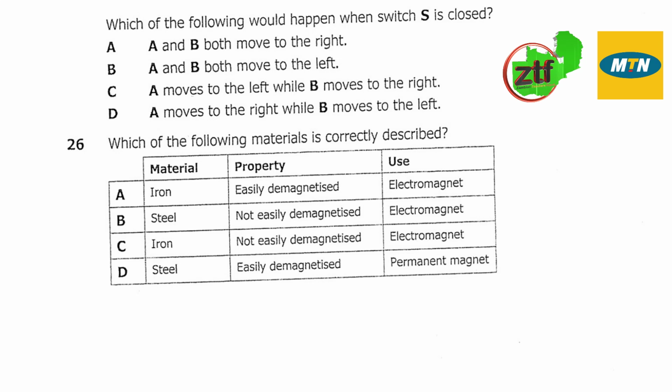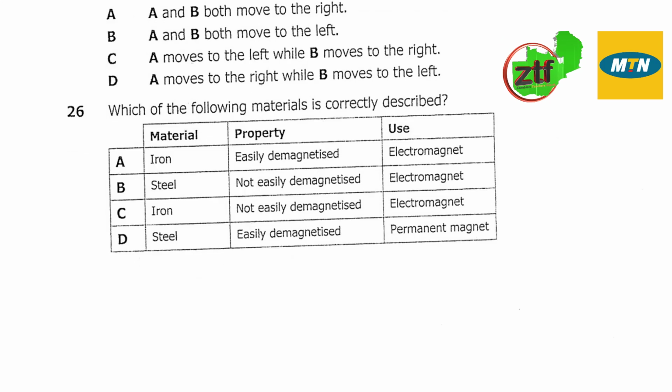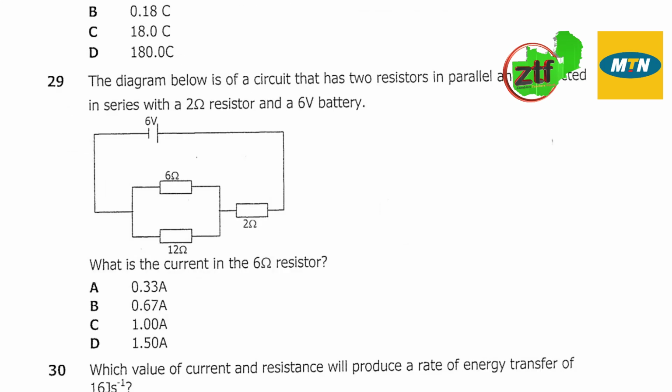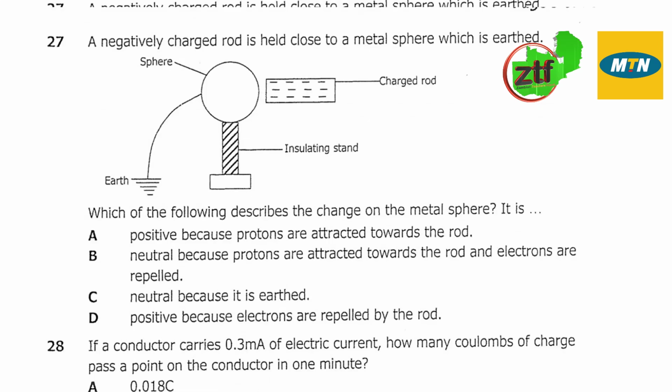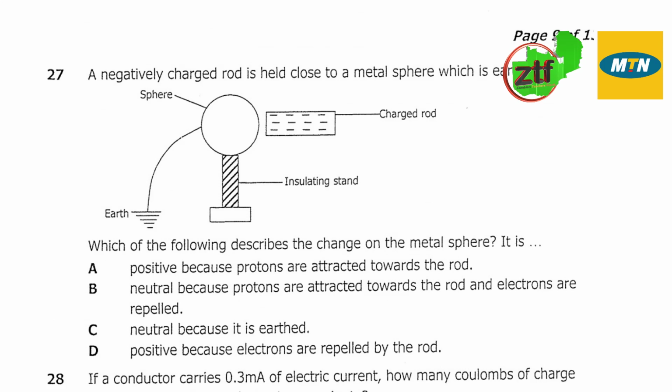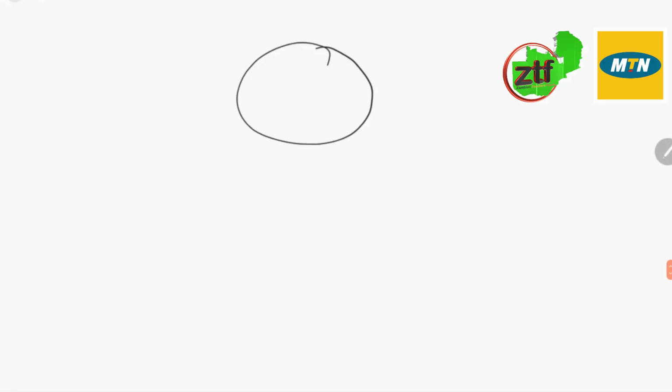A negatively charged rod is held close to a metal sphere which is earthed. Which of the following describes the change on the metal sphere? Since we are bringing a negatively charged rod very close to a neutral sphere, the neutral sphere has its charges initially equally distributed, equal positives and negatives.